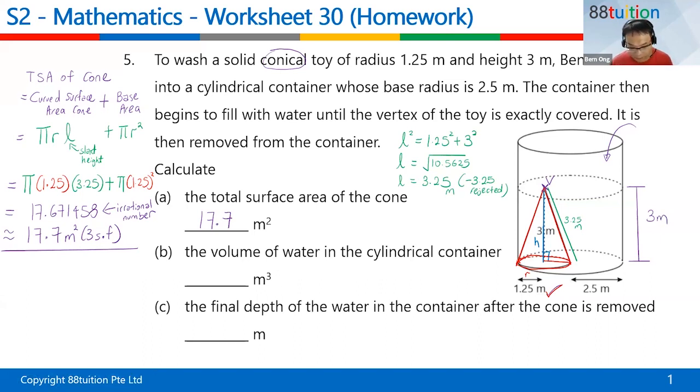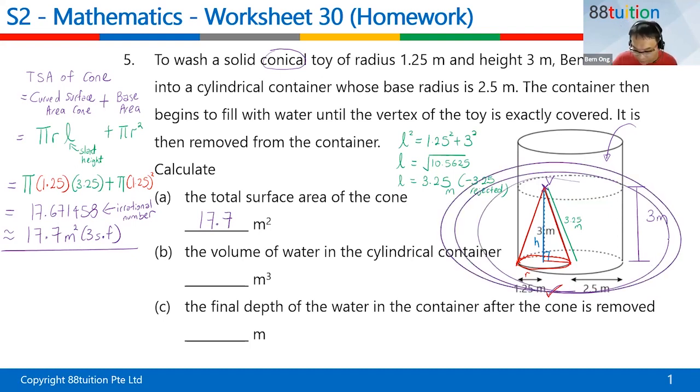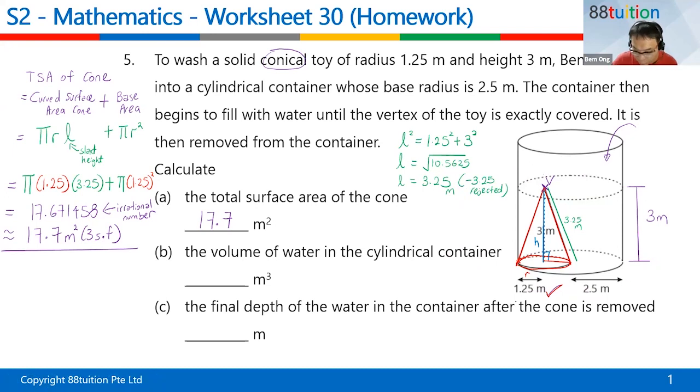So what's the volume of the water in the cylinder container? We can find the total volume down here first until 3 meter, then we minus away the volume of the cone, because they are just looking for the water. You must be very clear what they are looking for. So let's find the volume of the cylinder first until 3 meter.